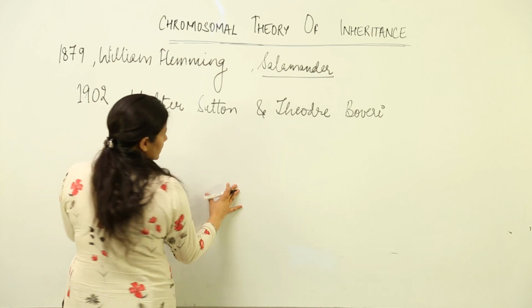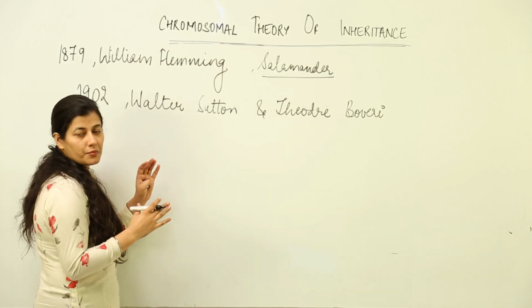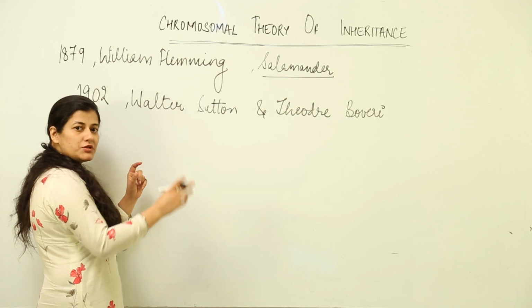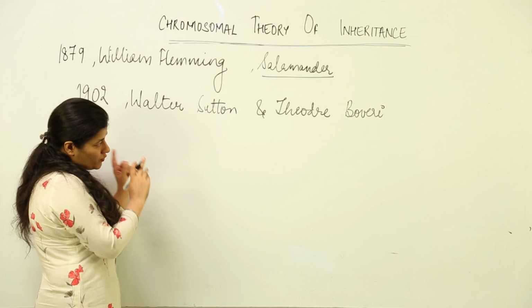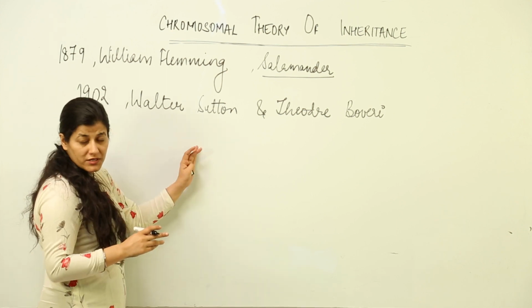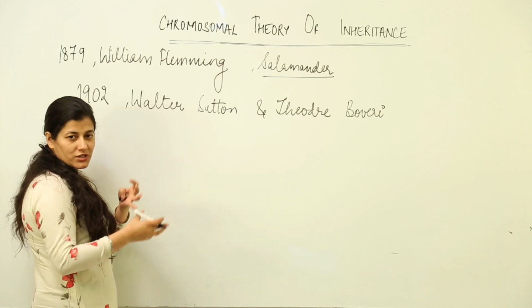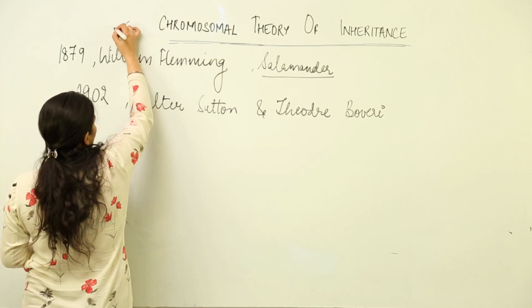When they studied the chromosomes during meiosis, it was observed that there was a parallel between what Mendel proposed and what these two people proposed regarding the chromosomes. So, they united whatever factors they could unite and gave us the chromosomal theory of inheritance.